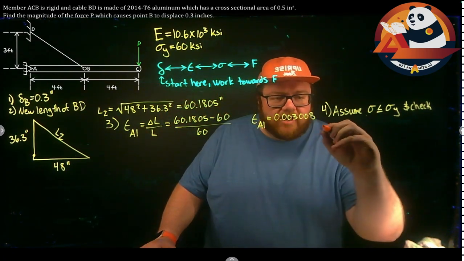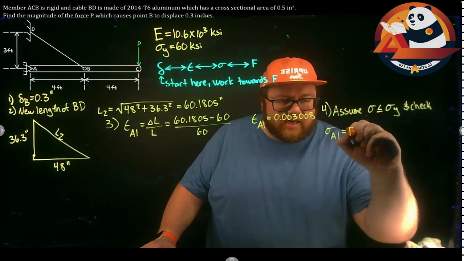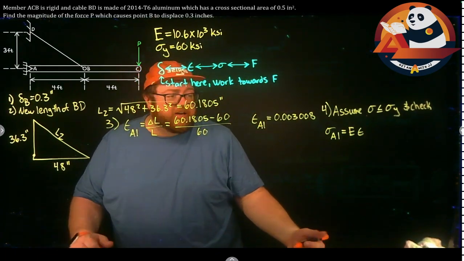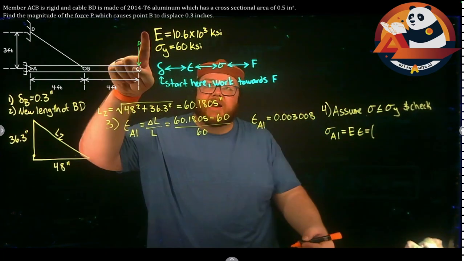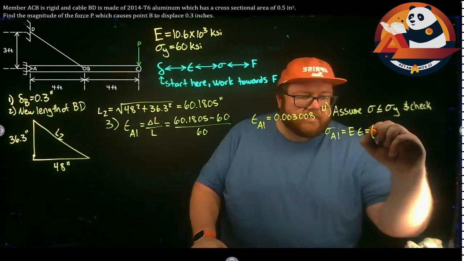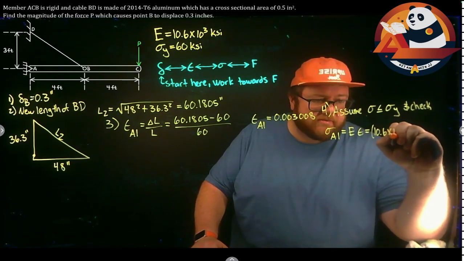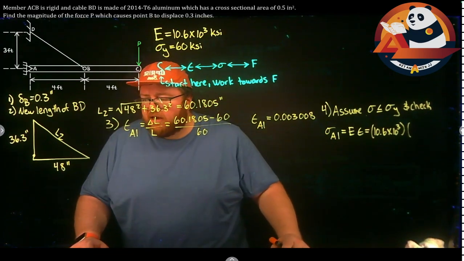So our sigma aluminum should be E epsilon. And I have these values for us. My sigma aluminum is E. We looked that up. That was our very first thing we did. 10.6 times 10 to the third KSI times my strain.